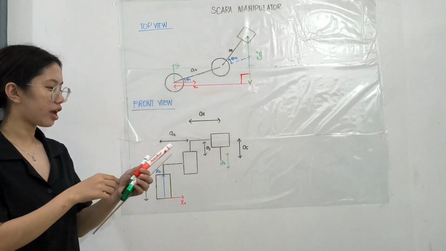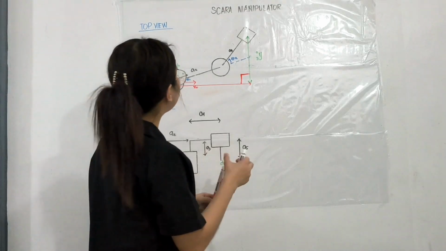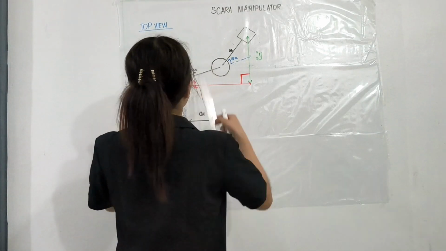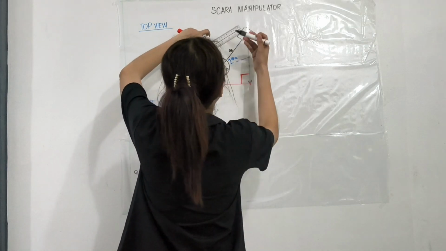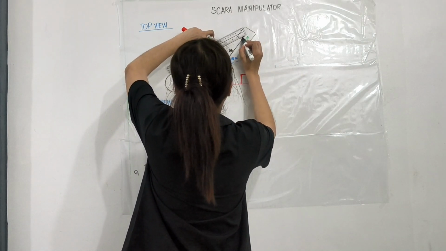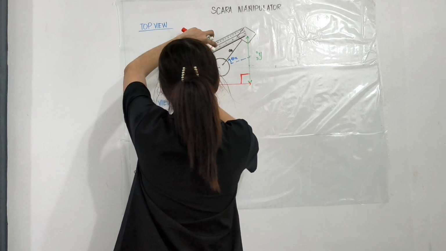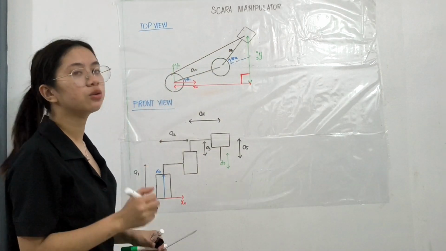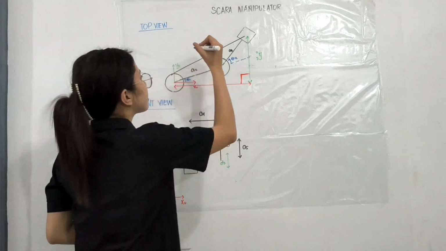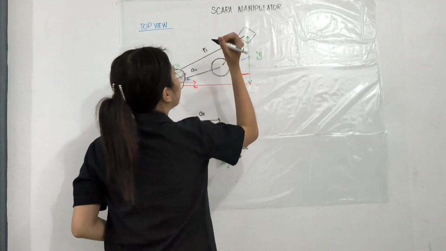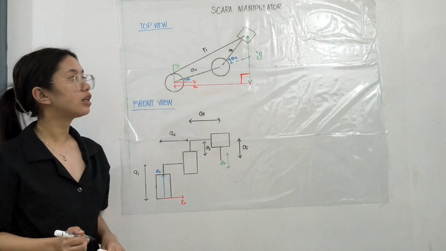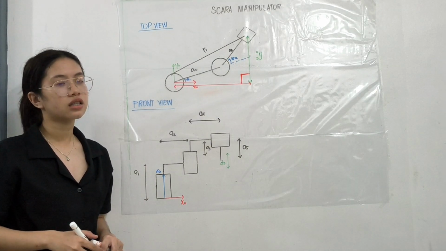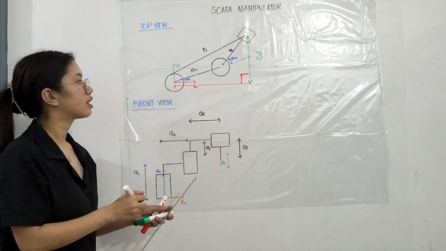Now we will draw a hypotenuse from the end effector up to the base, and we will label it as R1. Now that we have a hypotenuse, we will use this to solve for theta 1.